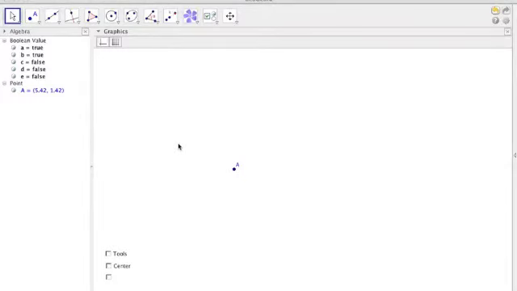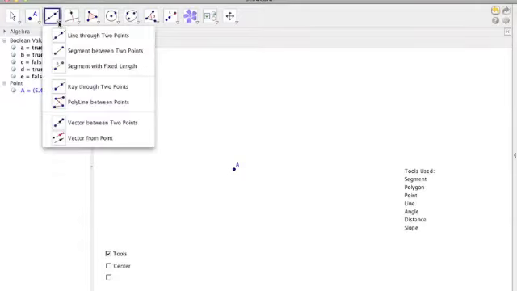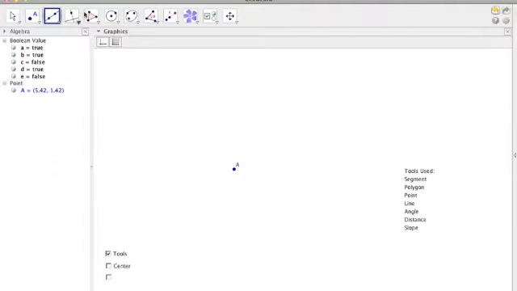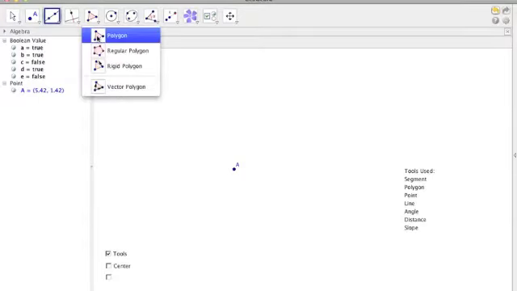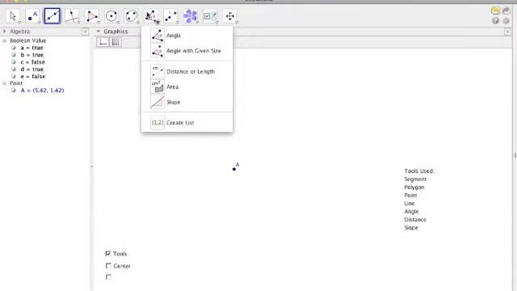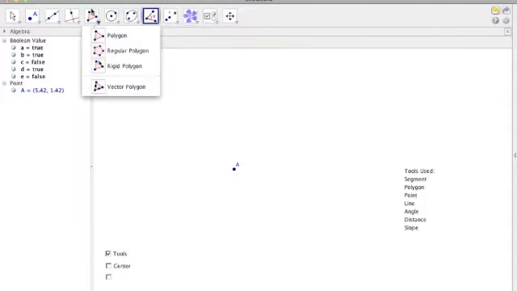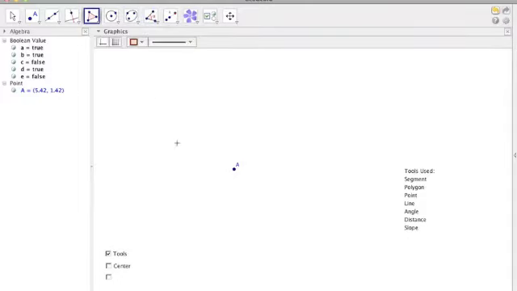Performing a dilation with GeoGebra. The list of tools we could use would be segment tool, polygon tool, point, creating a line, measuring angles, distance, and slope. I'm going to start off by creating a polygon since I dilated a segment in the graph paper video.